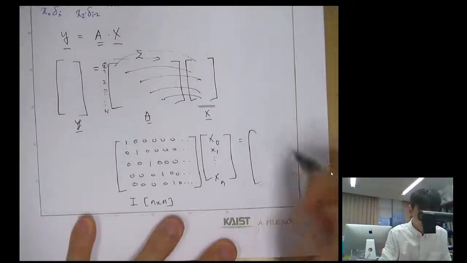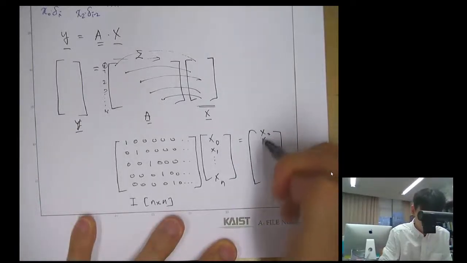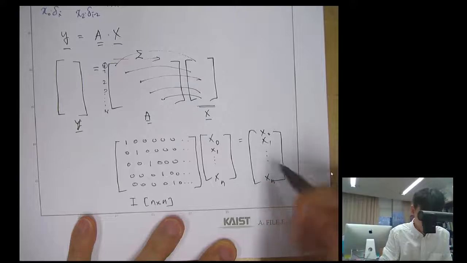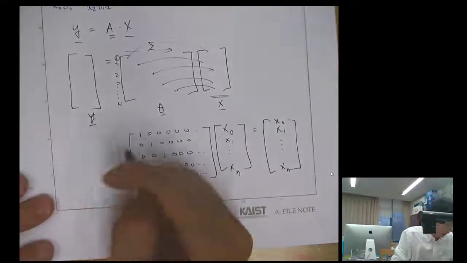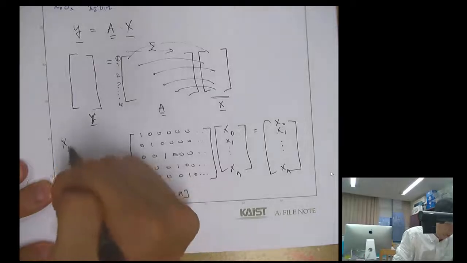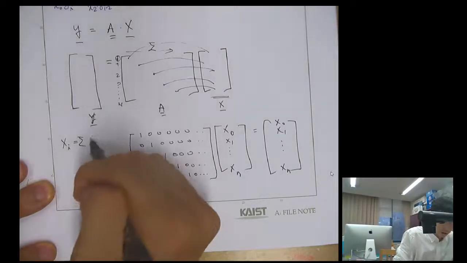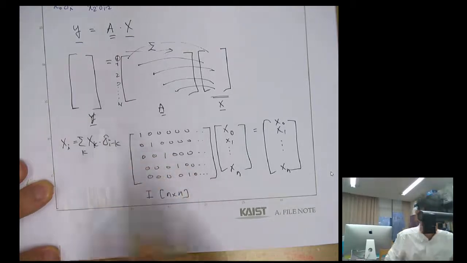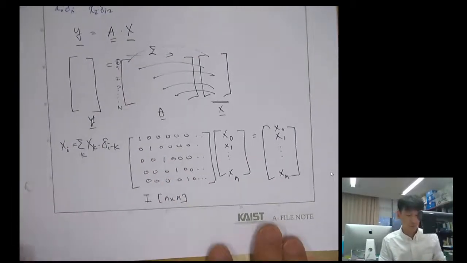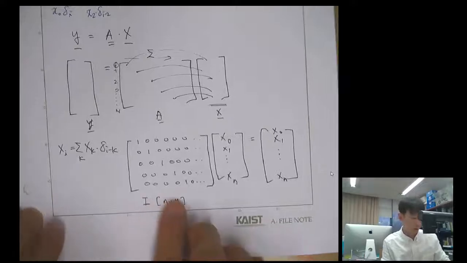So then this is the same as xi equals the sum of xk delta I minus k, and it's called the I matrix.